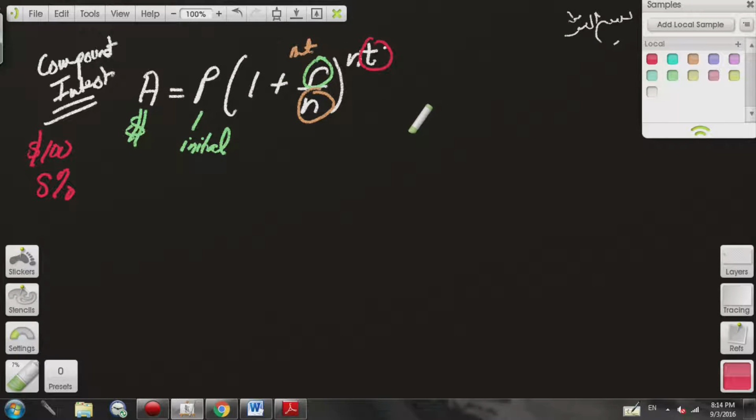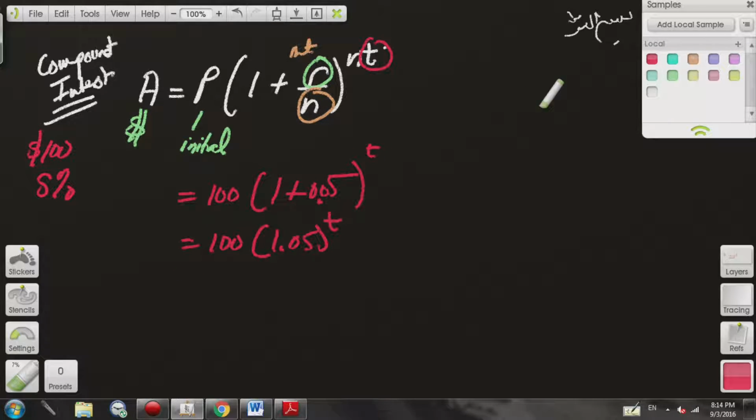So this formula is very similar to the compound interest formula. If somebody put $100 in the bank at that rate, compounded once a year, that would be 1 to the t, with that 5%, so this formula will simplify to 100 times 1.05 to the t.